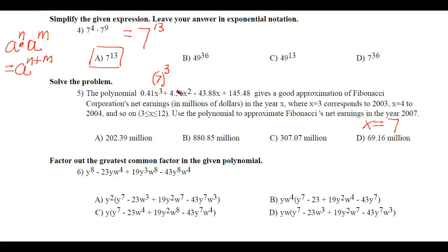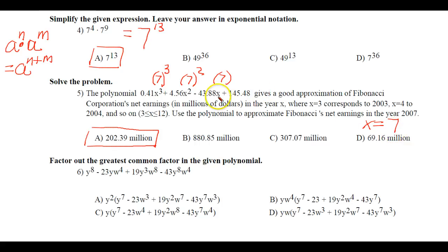So here it's a matter of putting in your calculator the value X as 7 to the third power. Here our X is 7 to the second power. Here our X is just 7. And then carefully putting that in, and you end up with actually letter A. But part of it was to understand what are they asking and what would your value of X be.